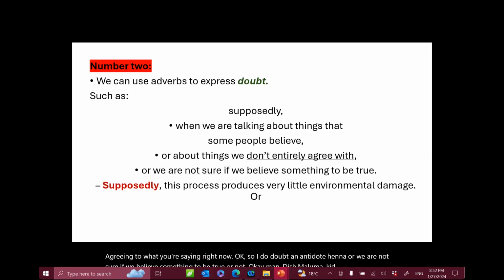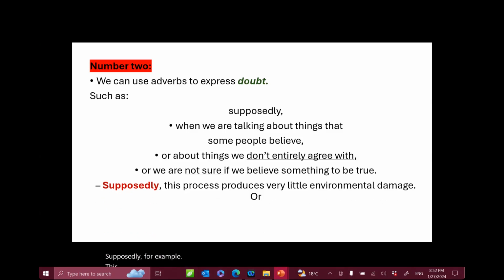Supposedly, for example, supposedly this process produces very little environmental damage.